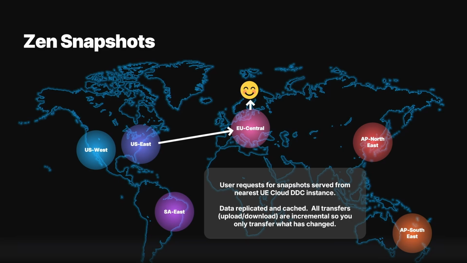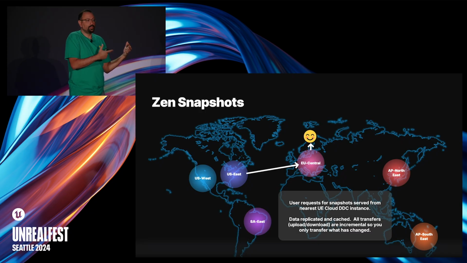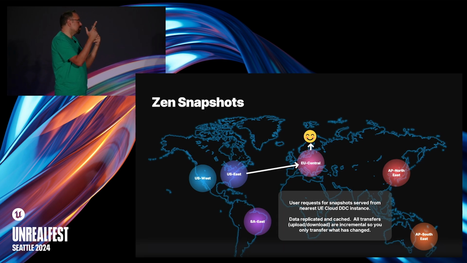This data is replicated and cached so that the next user who asks for it will find that everything is served to them immediately from the Europe server without having to go fetch anything from the US East server. And all of this is done in an incremental manner. So only the difference of what they don't already have has to be downloaded.